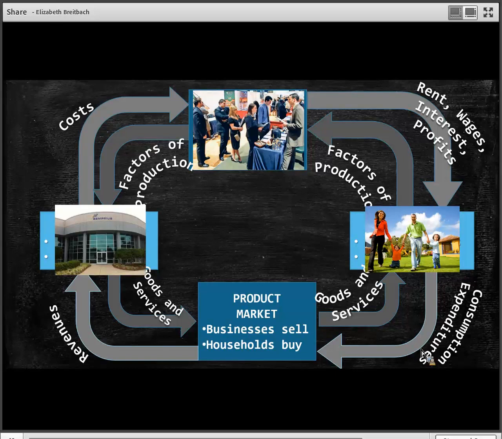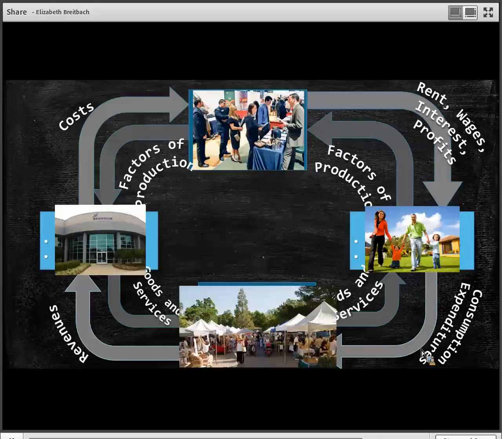The product market, I would compare it to a farmer's market. Farmers are going to bring goods and services that they've produced to the farmer's market. Those households, they go to the farmer's market to buy goods and services.